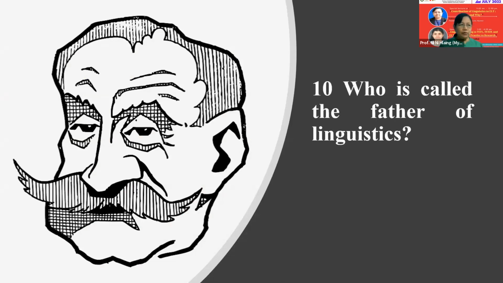Question 10. Who is called the father of linguistics? Ferdinand de Saussure, born in 1857 and died in 1913, is acknowledged as the founder of modern linguistics and semiology, and as having laid the groundwork for structuralism and post-structuralism.